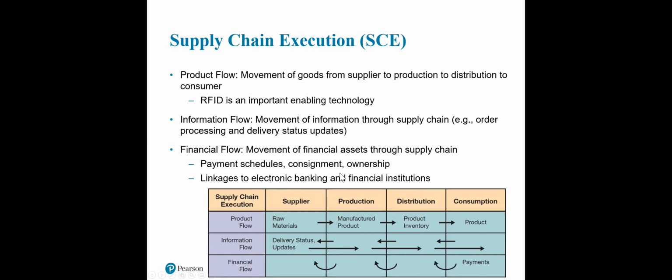The financial flow is in the opposite direction from product flow, right? You can imagine that the customers pay retailers for the services or products, and retailers pay their suppliers for the material such as resources and intermediate goods, right? But information flow can move up and downstream.